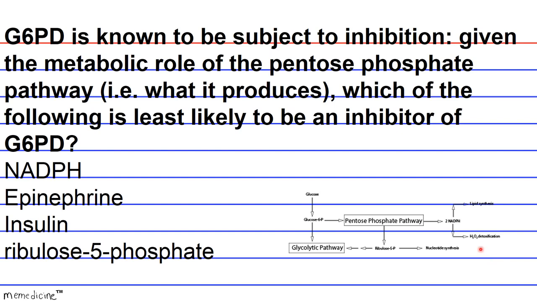For instance, NADPH would inhibit the G6PD enzyme, which isn't depicted, but it works somewhere over here, which would in turn downregulate the pentose phosphate pathway. Okay, so things would start to slow down.